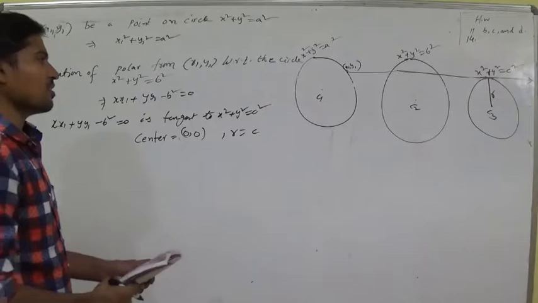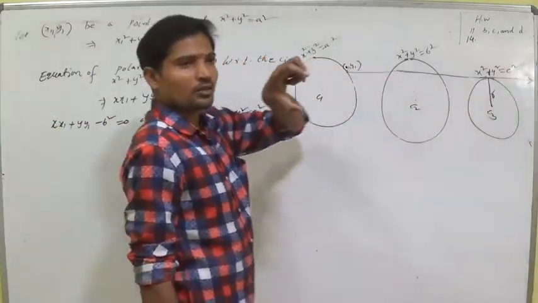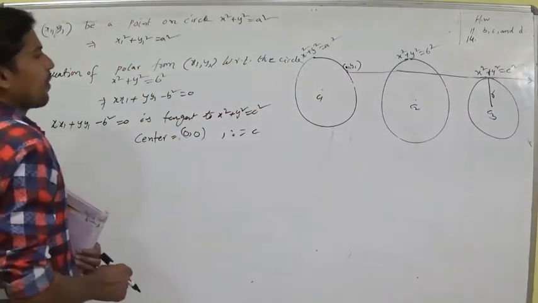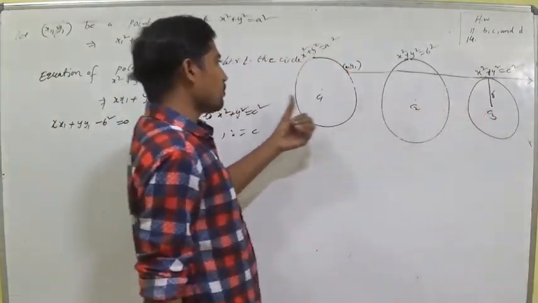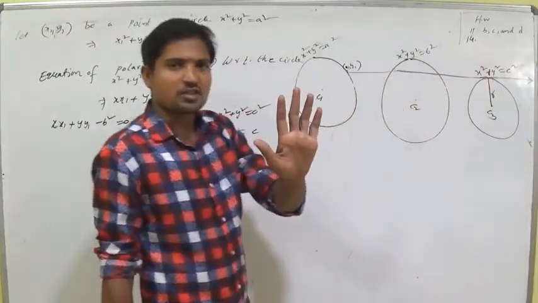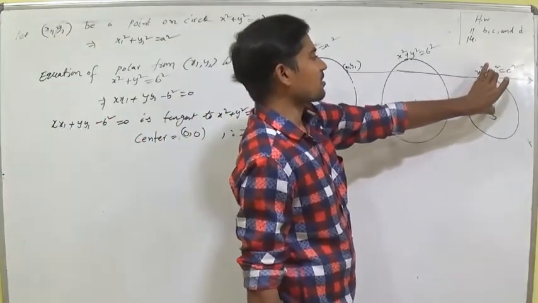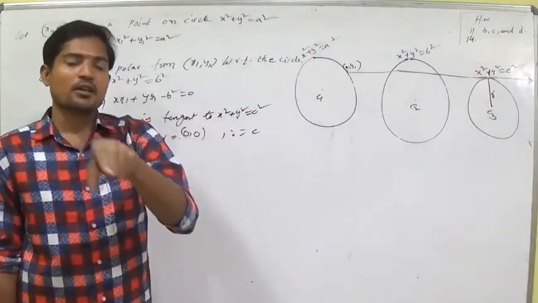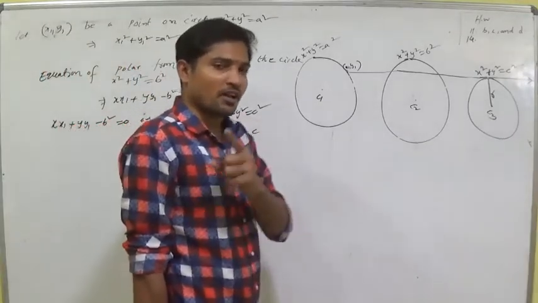So the perpendicular distance from the center to the point of contact is the radius. The perpendicular distance here, that line to center perpendicular distance, is the radius. Try to understand properly, this distance is called the radius of a circle. Here I have taken a line. What is that line? That line is a polar now: xx1 + yy1 − b² is a line.